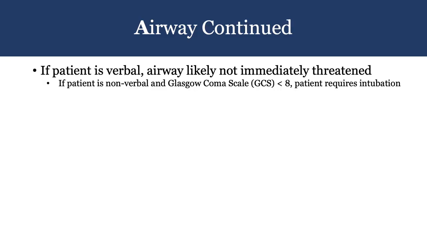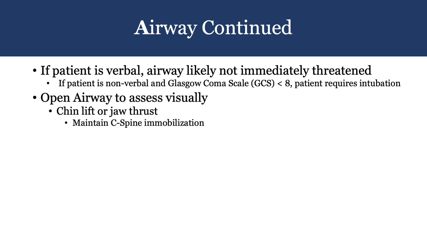So if the patient is able to speak to you, it is very likely that the airway is not immediately threatened. If the patient cannot speak to you and has a GCS of less than 8, this patient will require intubation because they do not have control of their own airway.